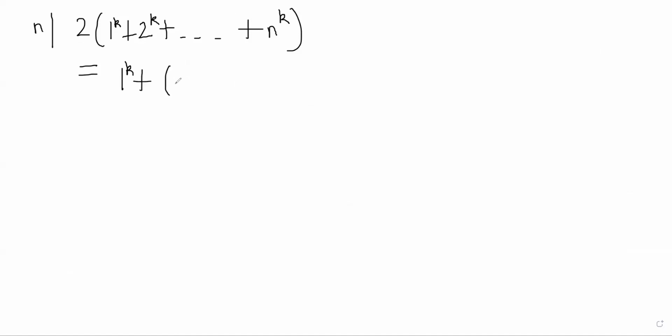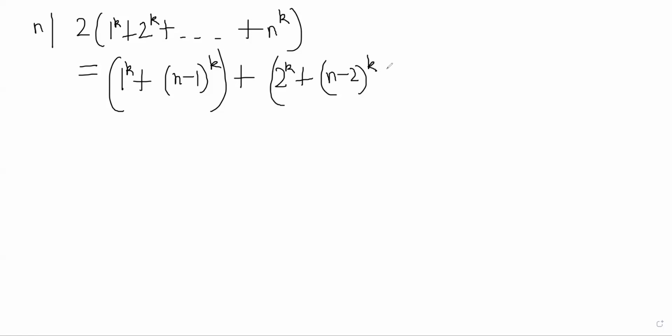We need to show n divides 2 times 1 power k plus 2 power k till n power k. And this number is equal to 1 power k plus n minus 1 power k. This is one group. 2 power k plus n minus 2 power k. This is another group. And so on, till n minus 1 power k plus 1 power k, right?